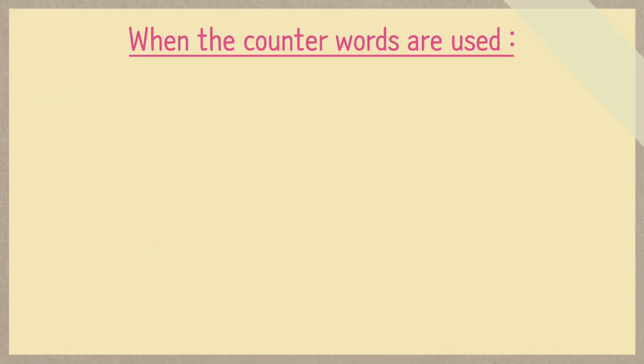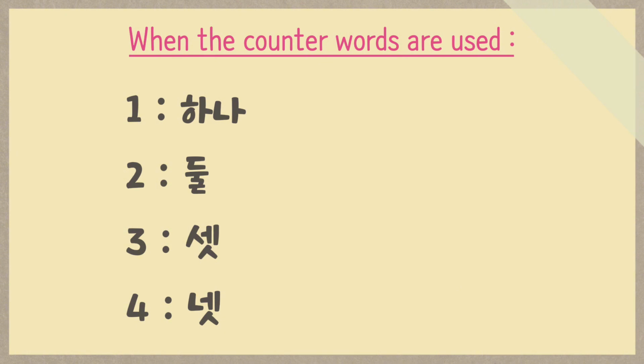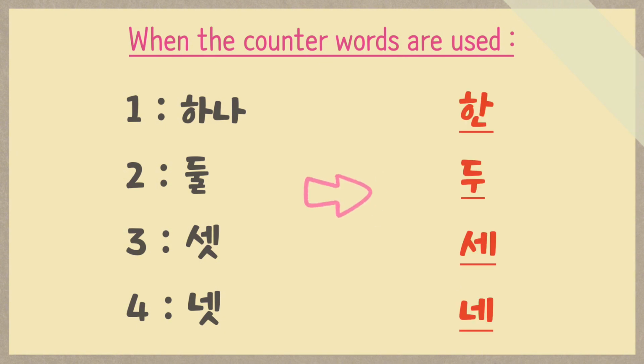The reason why I'm telling you about counter words is that when these counter words are used with native Korean numbers, the numbers 1 through 4 slightly change its form. So 하나, 둘, 셋, 넷 turn into 한, 두, 세, 네 when they are placed before a counter word.